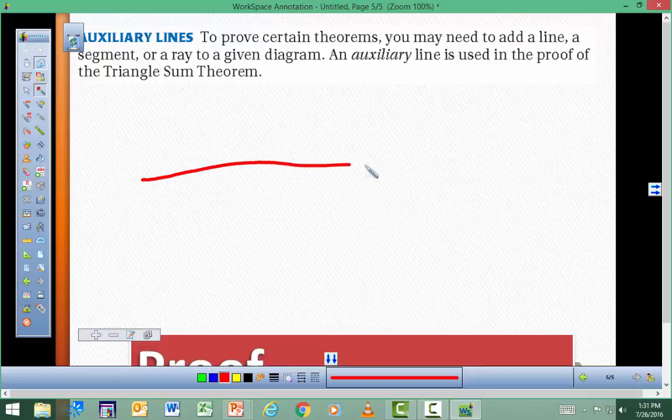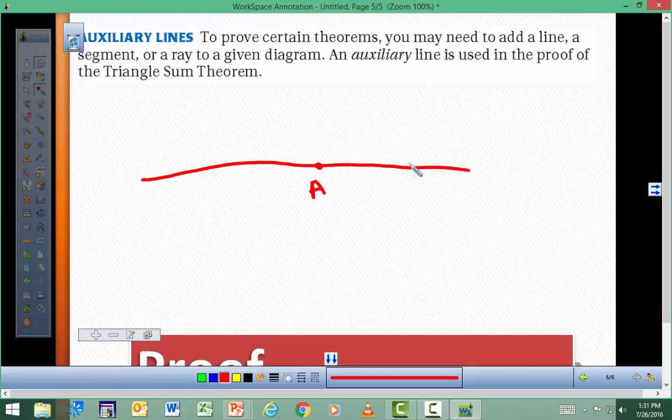We were told a while ago that if you had a line sitting there, you can pick two points here. And we learned way back in chapter 1, through any two points there's exactly one line. So imagine this is a straight line. Now, we also learned a while back that for any line, there could be a point that's not on the line.